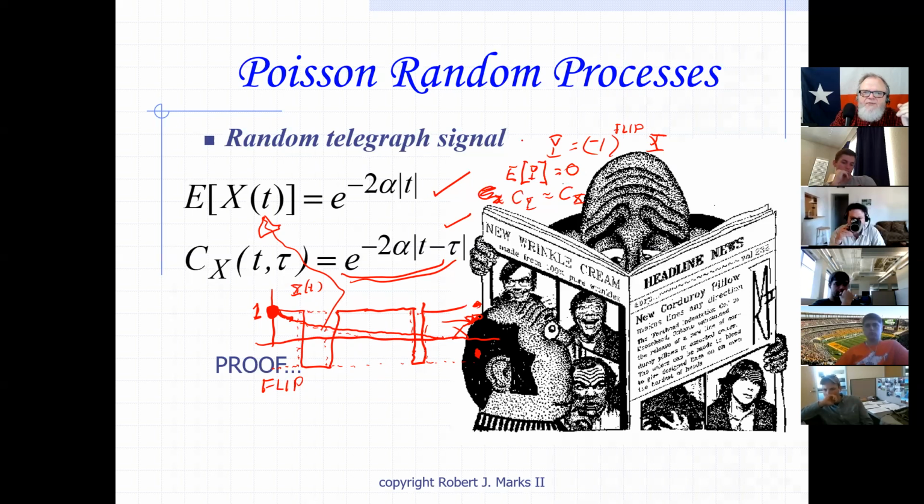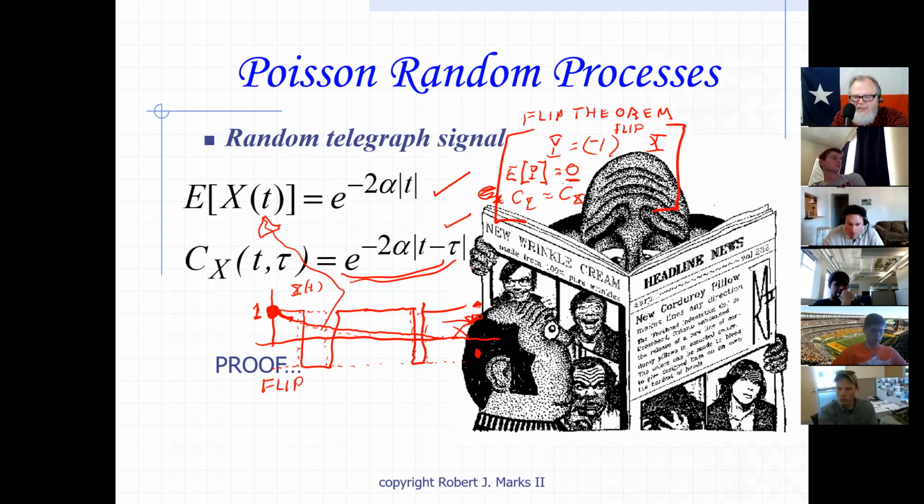This was a result of the flip theorem. So the expected value is always 0, and the autocovariance always stays the same. This is something we proved, I think it was last lecture.